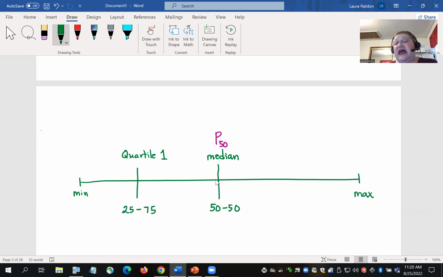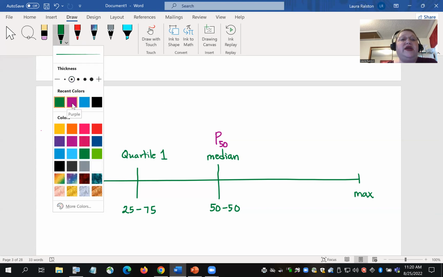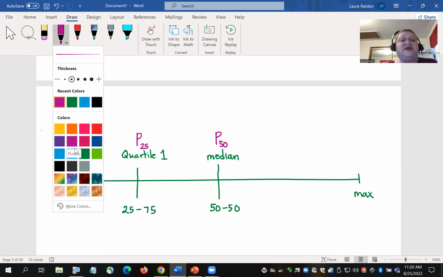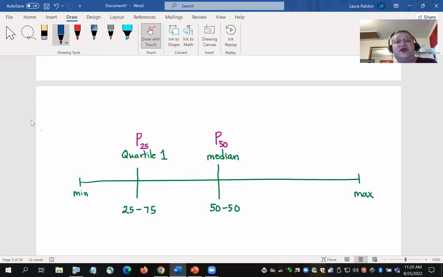You might think of it as the 25-75 split. Quartile 1 is the same as percentile 25. For quartile, we do have an abbreviation that MINITAB does use: the letter Q with a subscript of 1.